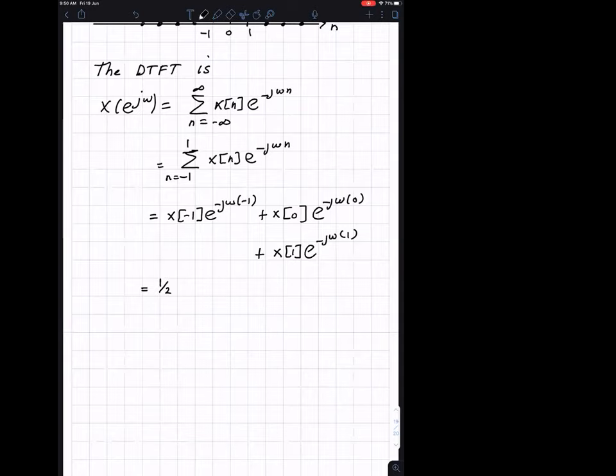So these are the amplitudes, the values.